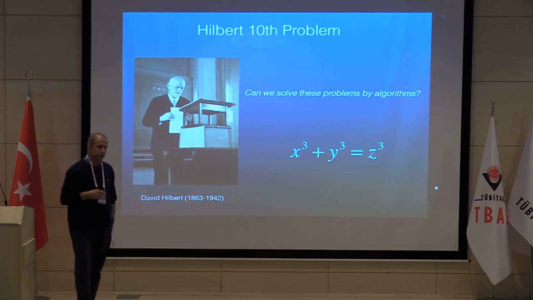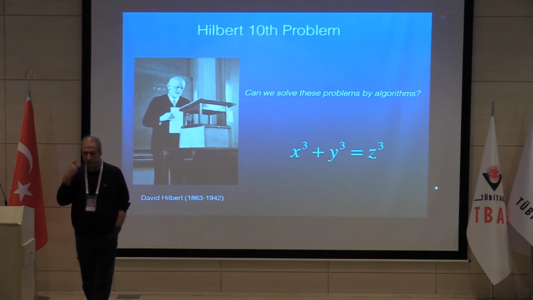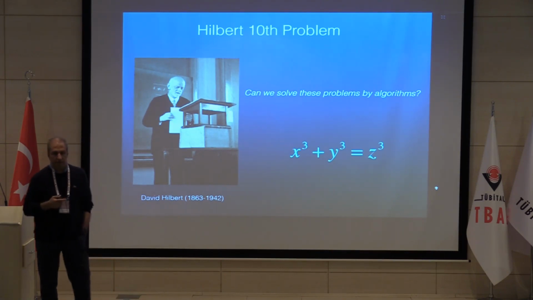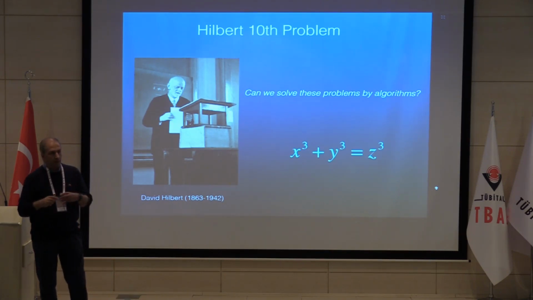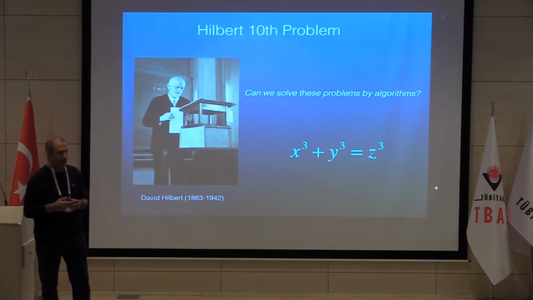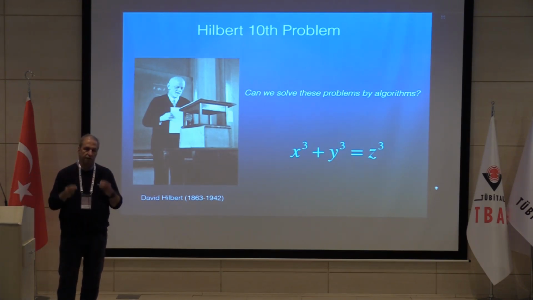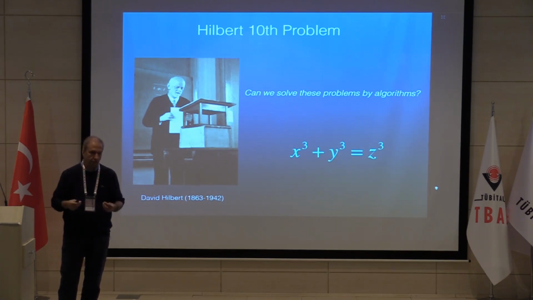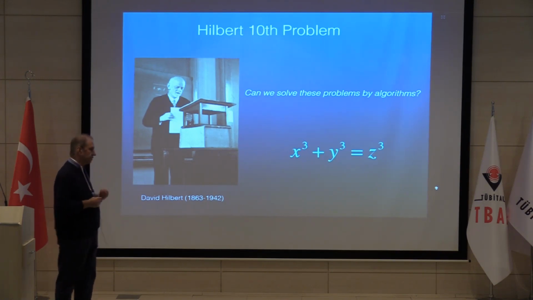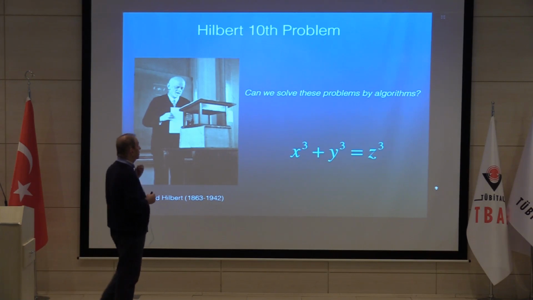At that time, there was no computer, so the concept of algorithm had to be formulated. And he meant that by a finite number of mechanical steps, by repeating those steps, can we prove or disprove these theorems? This was the basic formulation of Hilbert's famous 10th problem.